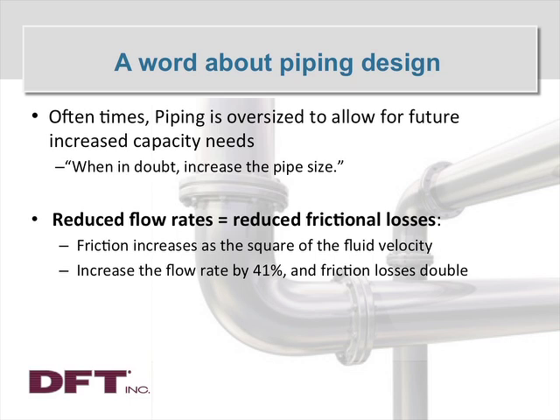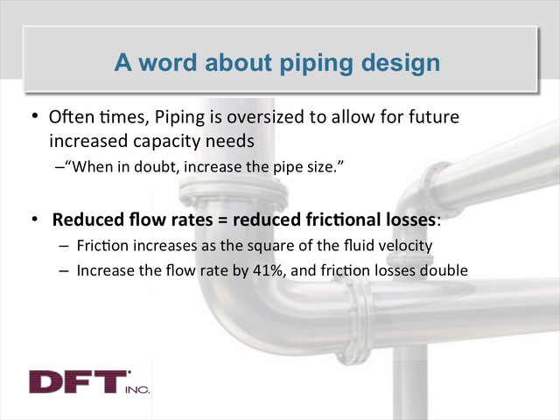Friction increases as the square of fluid velocity, so if you increase the flow rate by 41%, the friction will double. So going the other direction, if you want to reduce the frictional losses by half, you would want to reduce that flow rate by about 40%. Less pressure loss can result in maybe some capex savings on pumps and compressors.